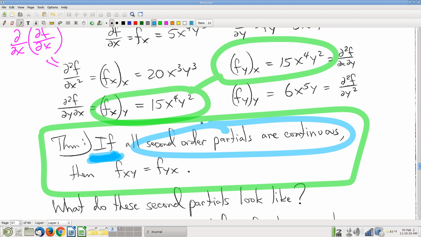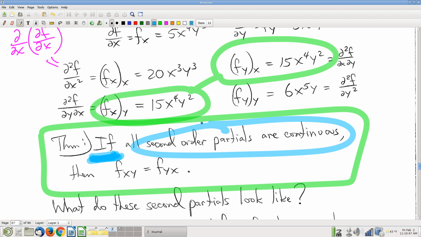But in most cases that we deal with, polynomials, all the derivatives are polynomials, they're all continuous. Fine. Trig functions, where they're defined anyway, which is all we ever care about with trig functions, all their derivatives, again, continuous, right? So there's no real problem most of the time. So most of the time, mixed partials are equal, and you can take them in any order you like.